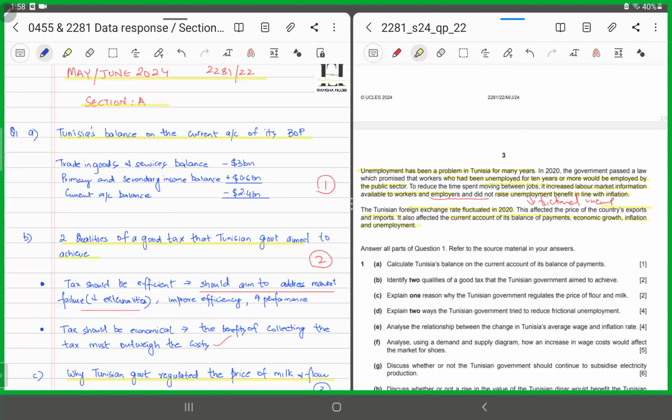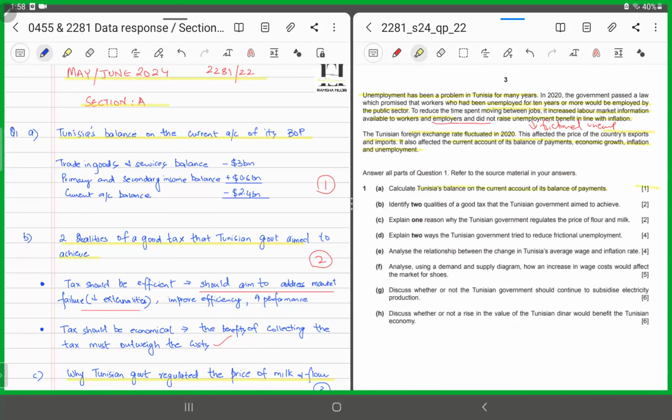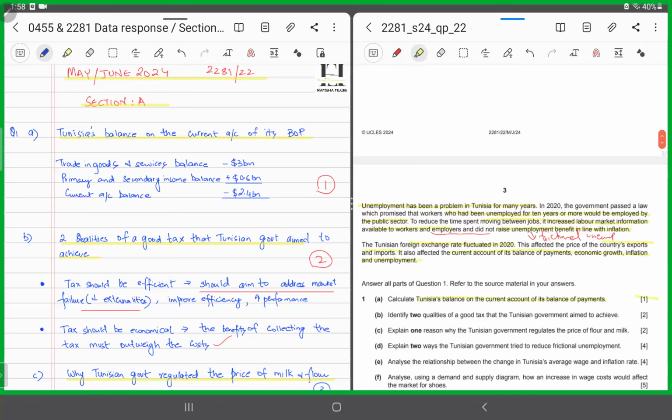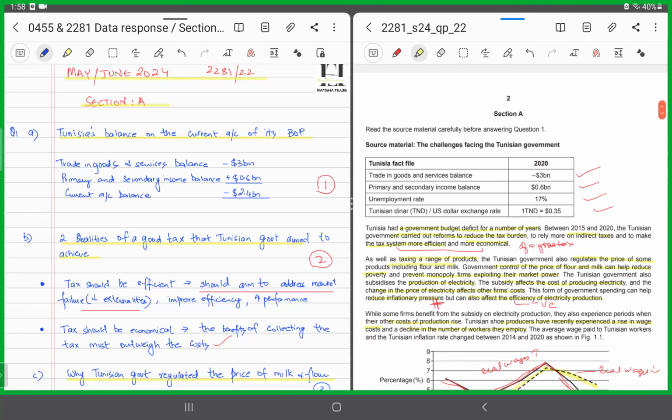Now, if we look back, the very first table gave us certain statistics that we will use in order to arrive at the figure of Tunisia's balance on the current account of its BOP.